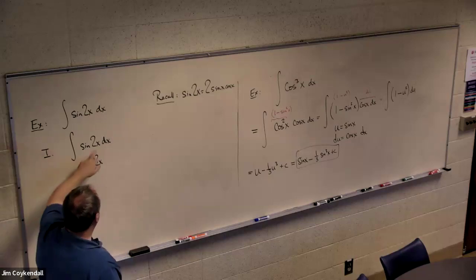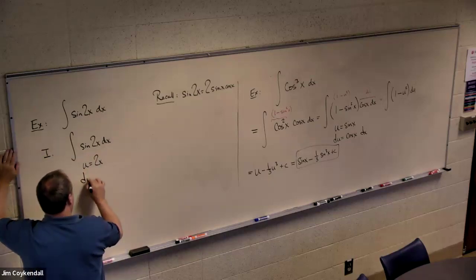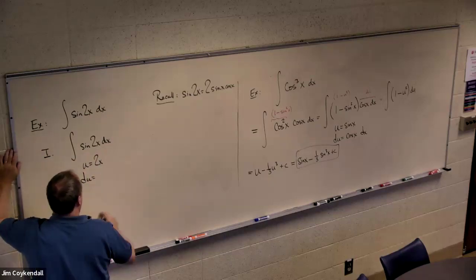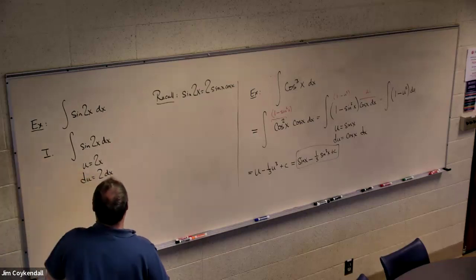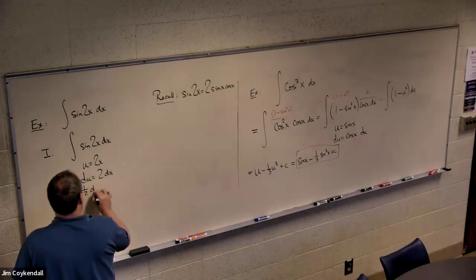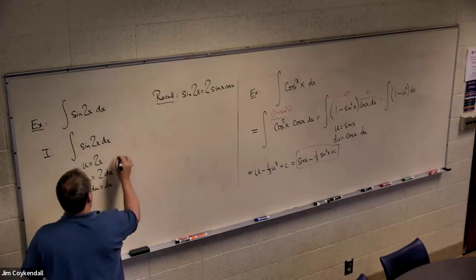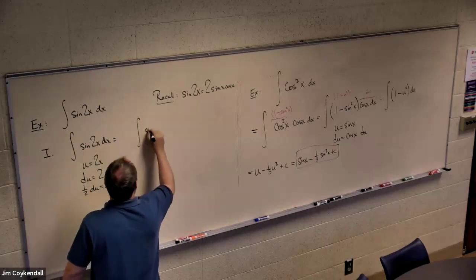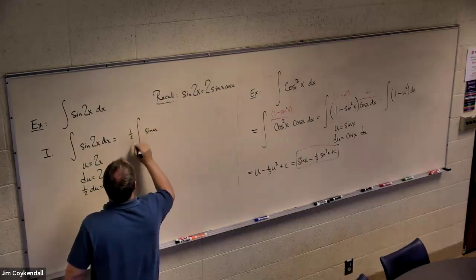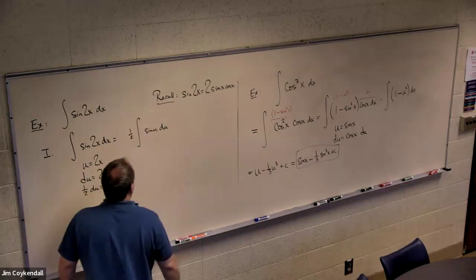That will turn this into sine u if I can pull this off. I can make the dx go away. So dx is 1/2 du. This becomes sine of u times 1/2 du.